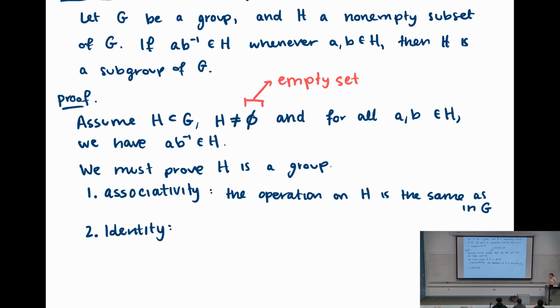So let's take A to be some element of H, which we know exists because H was assumed to be non-empty. Then A times A inverse is in H, and A times A inverse is just equal to the identity element. So H does contain the identity.